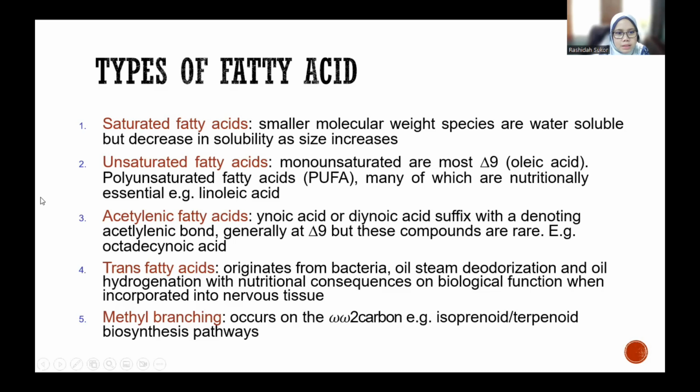Okay, unsaturated fatty acid is the double dot one. Okay, kalau mono lah, monounsaturated are mostly delta 9. Delta 9, location number 9, kalau dia tulis delta 9 is carbon number 9 from the carboxylic side.